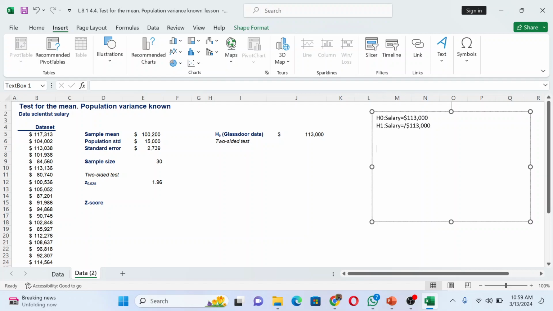So this hypothesis can be further defined by saying H naught: mu, the population mean, is equal to 0, while H1: mu, the population mean, is not equal to 0. There is a symbol for mu, but for now I allow you to use u.